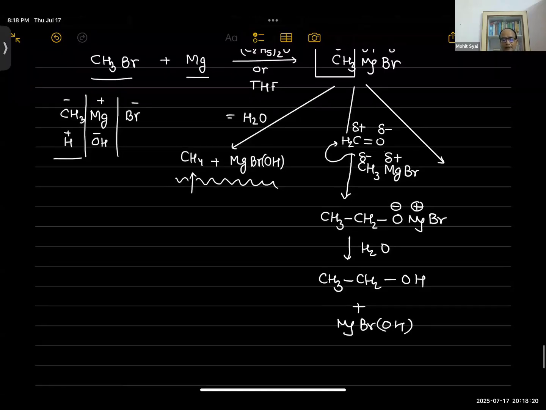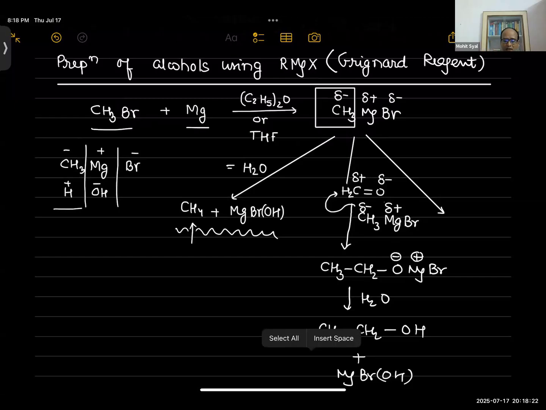Any doubts on this? So let me take another example. Aisha, Marwa, we can try this one. Let's say, suppose if you react CH3 MgBr with this ketone.